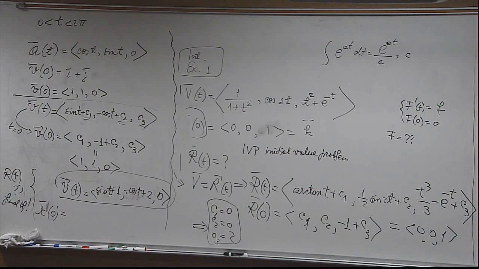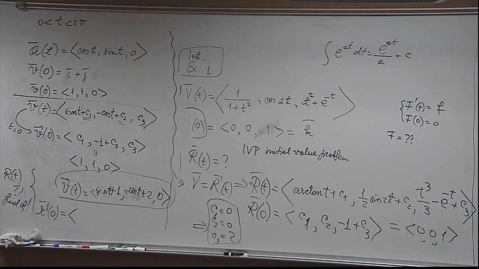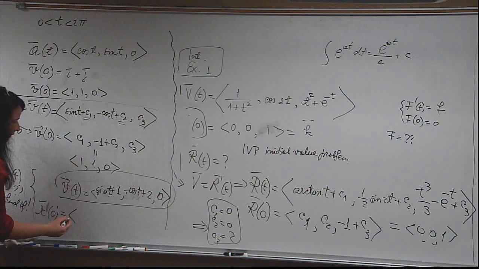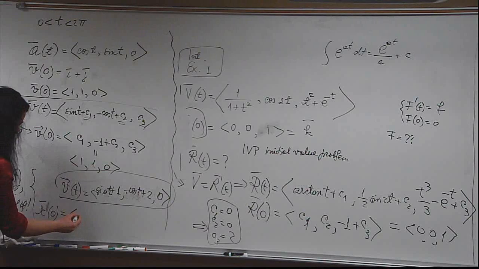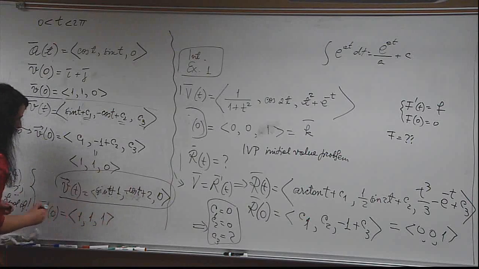If v of t is given, actually is given by you because you found it at the previous step. And r of 0 is given as well. And let's say that would be, I don't know, let's see, 1, 1, and 1.